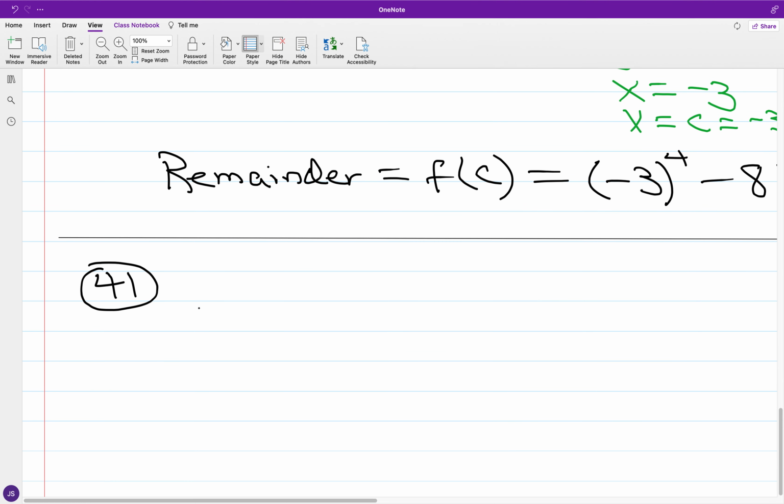You have a polynomial f of x equal to 2x to the fourth minus 5x cubed plus x squared minus 7, divided by the binomial x minus 4.